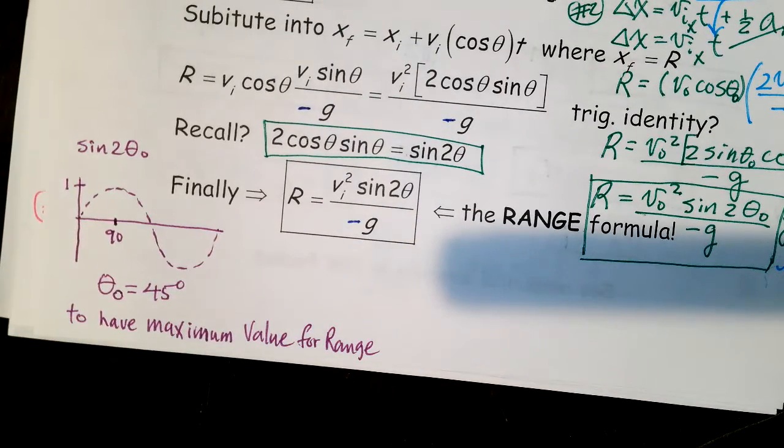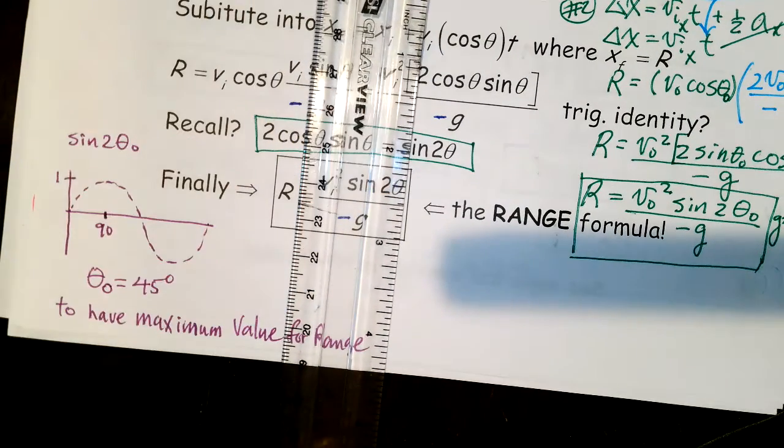Now you can conquer the world, right? So this range formula really is brilliant, actually. I mean, assuming there's no headwinds and crosswinds and tailwinds, this gives you a good estimate of where your cannonballs or artillery is going to land.